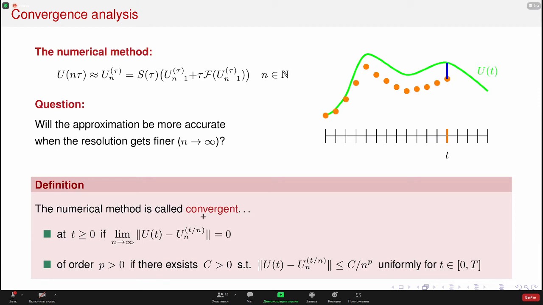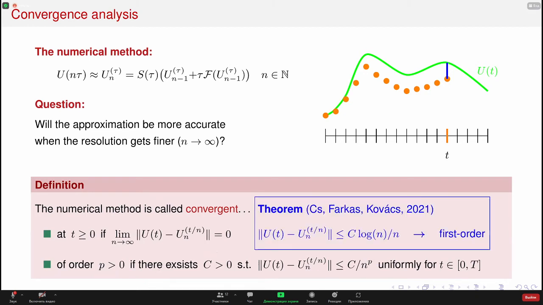And the method is called convergent of order P, and this is what we saw also in the previous talk by Katarina. So the exact solution minus the numerical solution, this norm can be estimated by a constant over n to the power P, and this P is then the order.